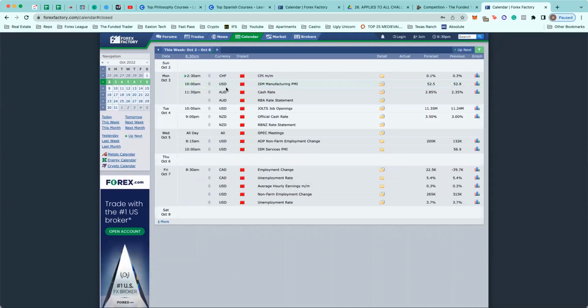If you're in a USD trade or an AUD trade, come over here, see what time it's going to be released, monitor what the actual numbers come out to be based on the forecasted results, and then see how that's impacting the pair that you're trading, and the overall market as well. This is going to be a crazy week, news wise, for all the people in here that are currently in the competition.